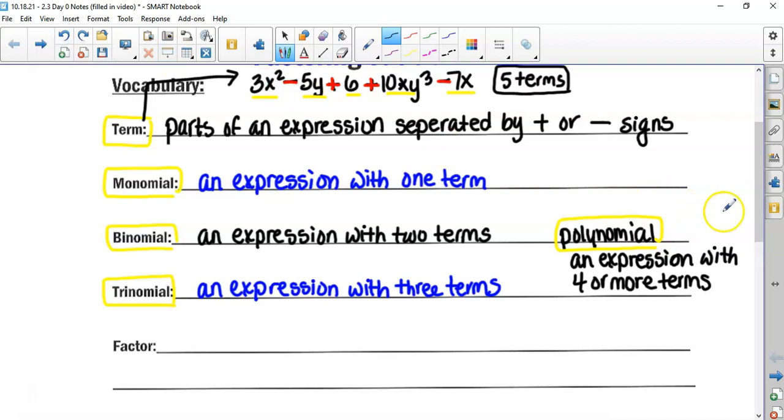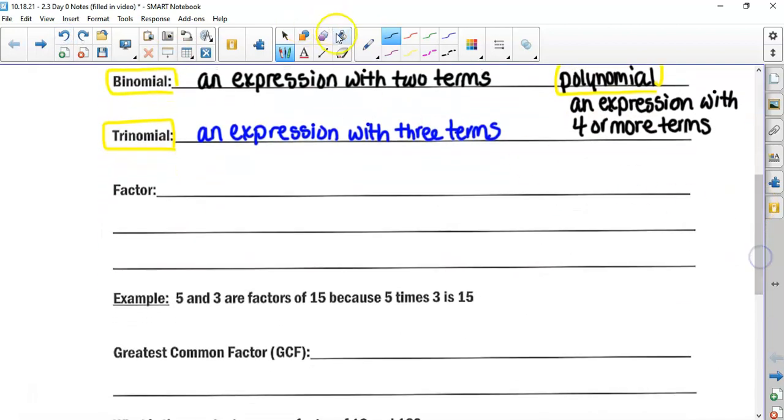Next definition on our list is that of a factor. Again, a word we use all the time. What does it mean?